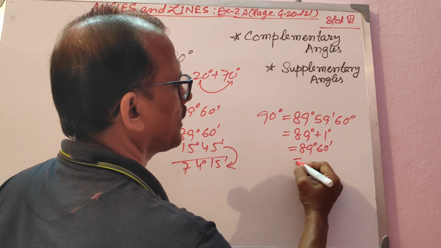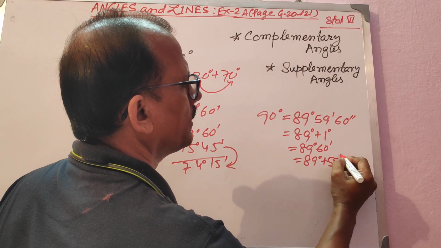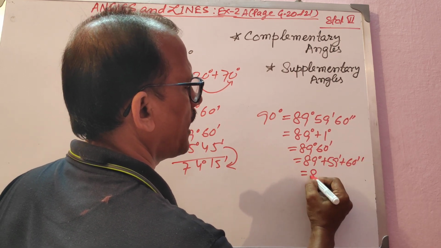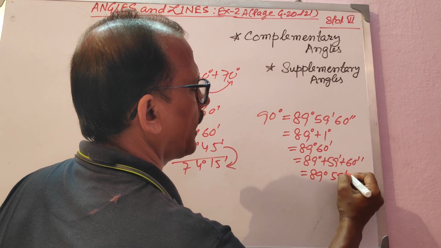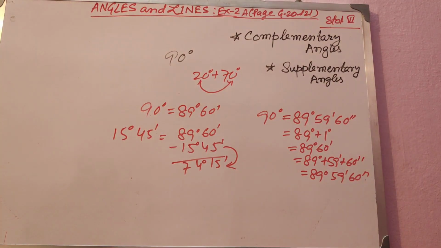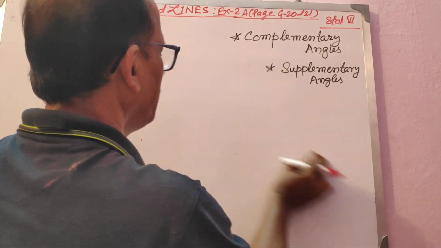That 60 minutes can be written as 59 minutes plus 60 seconds. So 90 degrees can be written as 89 degrees 59 minutes 60 seconds. So that way also you can find the complementary angle, if one of the angles is given in degrees, minutes and seconds.